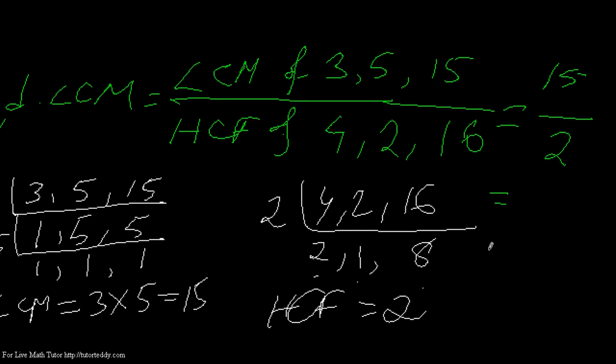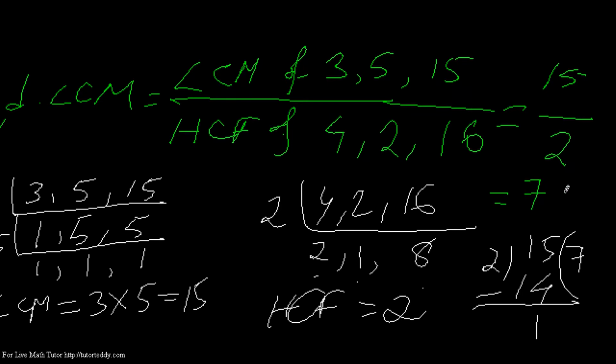That means I divide 15 by 2. So 2 sevens are 14, which is closer to 15. Subtract 15 minus 14 is 1. So my mixed number is 7 and 1 by 2. This is my LCM.